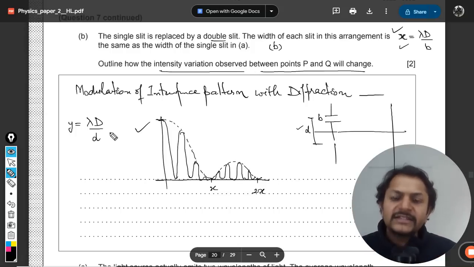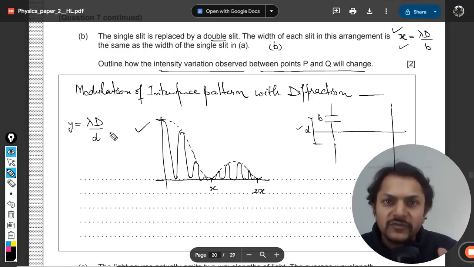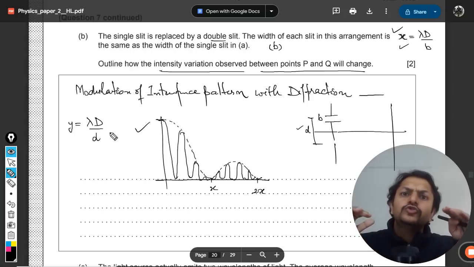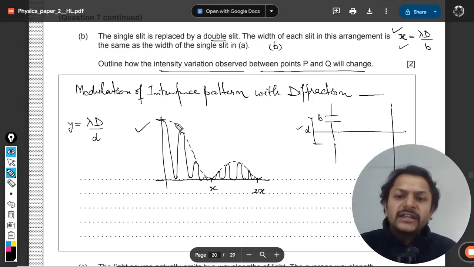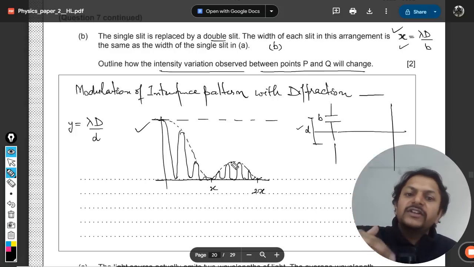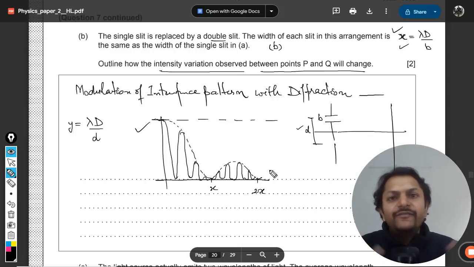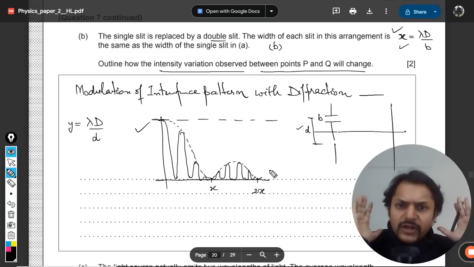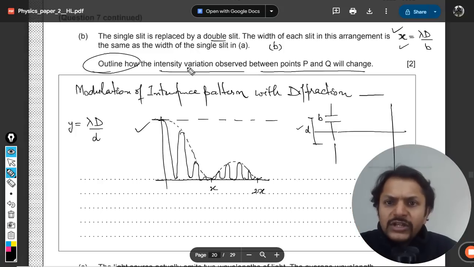Now this is known as the modulation of the interference pattern. The interference pattern was supposed to have every peak reaching the maximum point, but because of the modulation with the diffraction, everywhere you find different intensity. So this is what we are going to outline, how the intensity is varying.